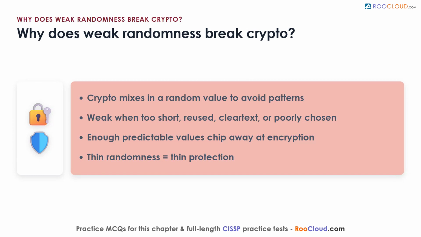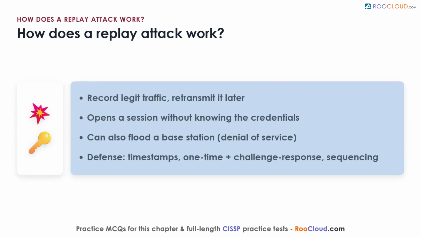What makes a replay attack effective? It reuses captured traffic to fool a system. The attacker records legitimate communication, often an authentication exchange, then retransmits it later to open a session as if they were the real party, all without ever learning the actual credentials. In the wireless world, this can spoof new connection requests or simply flood a base station with repeated requests to starve it of service.